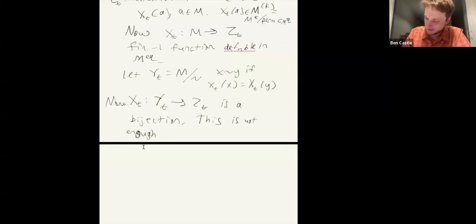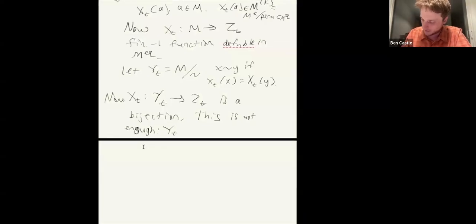Because we change the domain and range, so domain and codomain. So yt and zt vary with t. And our goal is to come up with an infinite collection of morphisms between two fixed objects. So this is not enough.